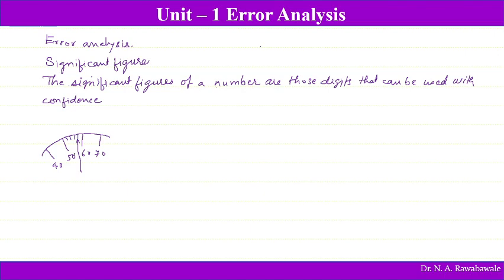Now the answer which we write here is 50.8. So this is at the 4th division, so 50.8. We write the answer as 50.8. So this answer which we write is with confidence.